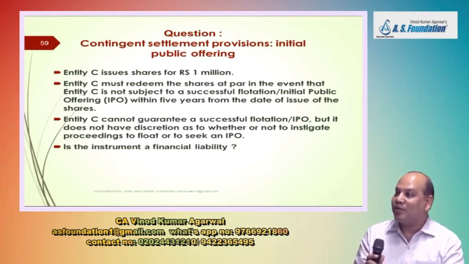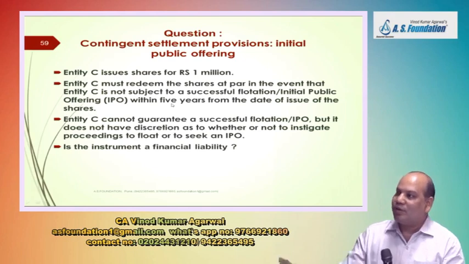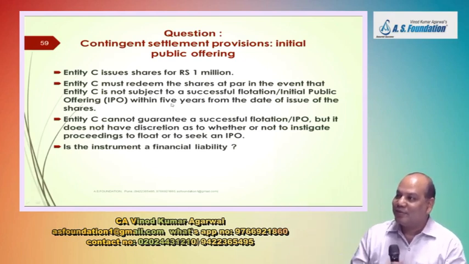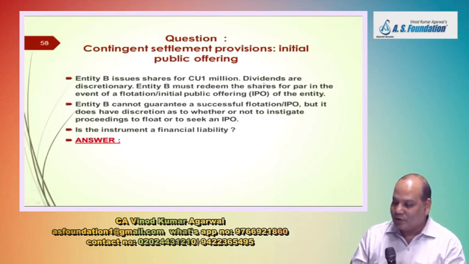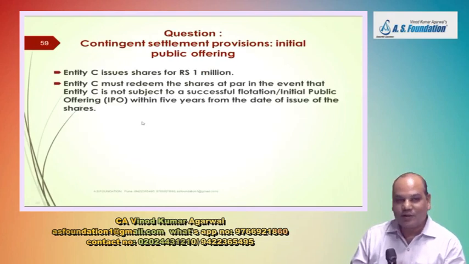Why do you think it is a compound instrument? This question has not given any information about dividend or interest payment, so ignore that. Only redemption is discussed here. Dividend was in the previous problem, where dividends are discretionary. This question does not have any dividend discussion. Only redemption. Redemption is at the discretion of the company: true or false? False.